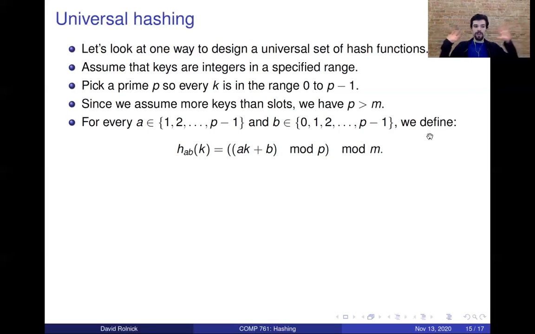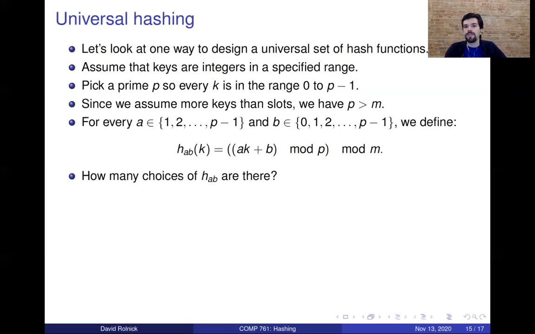So there are m possibilities for it, and it goes into one of our m slots. This is a hash function that depends upon a and b, which we can pick randomly from these two sets. How many choices of the hash function are there?